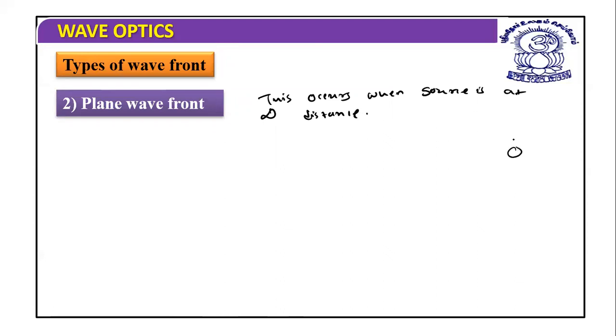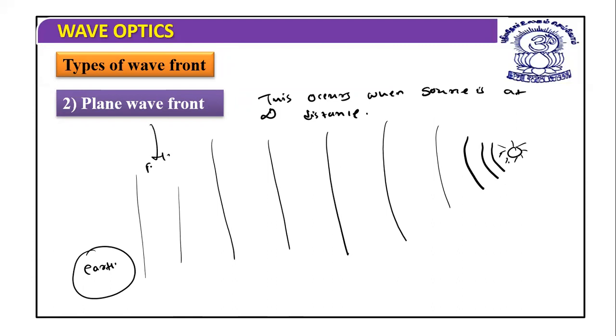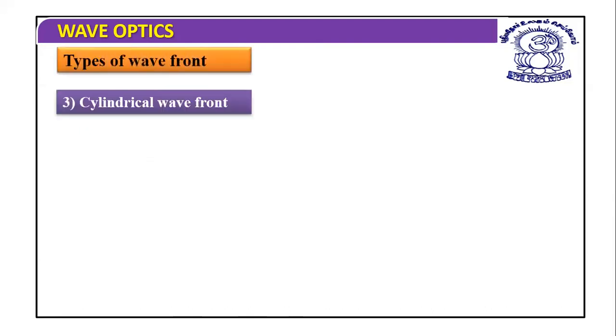For example, if we take the sun, then in the nearby distance the wavefront is spherical, but as it reaches the infinite distance, the distance between sun and earth is very large, this wavefront will become plane wavefront. The third type of wavefront is cylindrical wavefront.